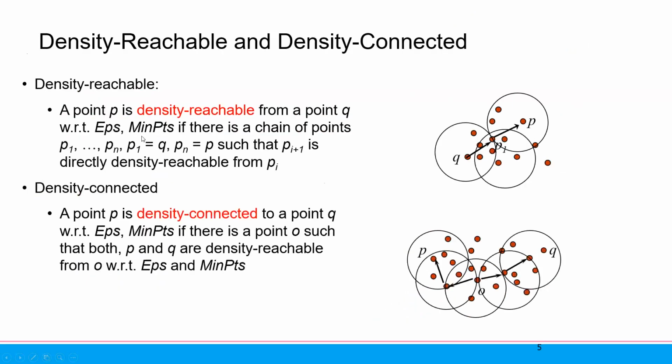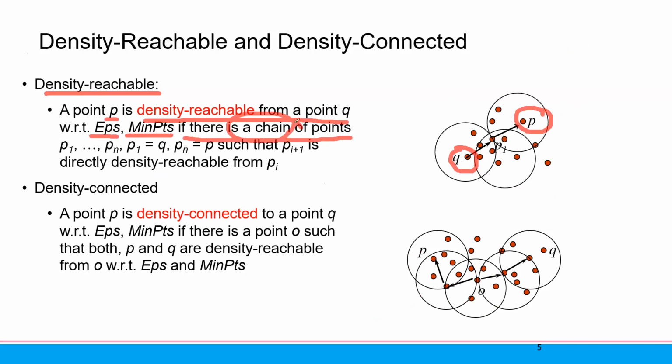There are two different concepts about the density base. The first is density reachable. Density reachable means if we have a point P, it is density reachable from a point Q with a particular EPS and a particular minimum points if there is a chain.